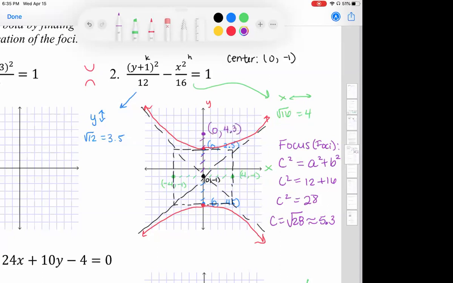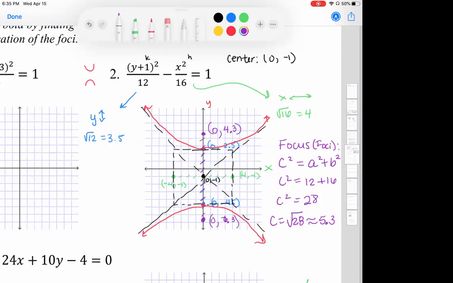All right, from the center, we're going to go 5.3 down. So I have 1, 2, 3, 4, 5, and a 0.3. And that's a 0, comma, 4, 5, 6, 6.3. Yeah, 6.3.